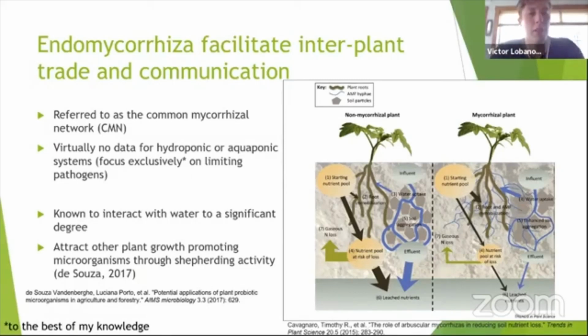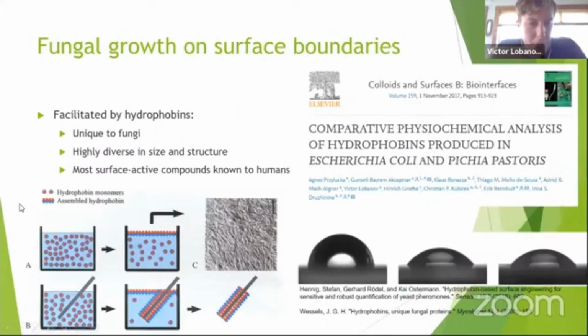And they do often, I would say, the AM fungi always have the plant's needs in mind, and they tend to be very selective about what types of plants they prefer. One of the reasons I am fairly confident that they are active in aquaponic systems is a particular protein called hydrophobins, which I used to research beforehand.